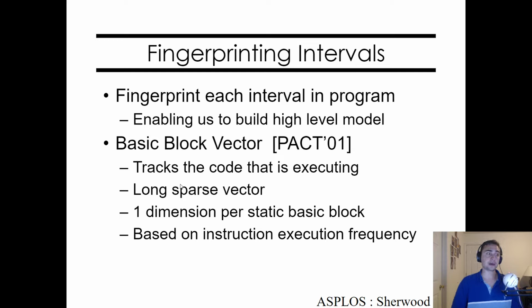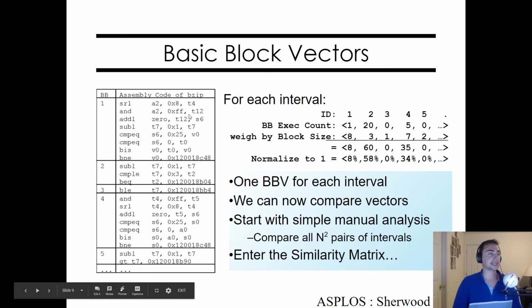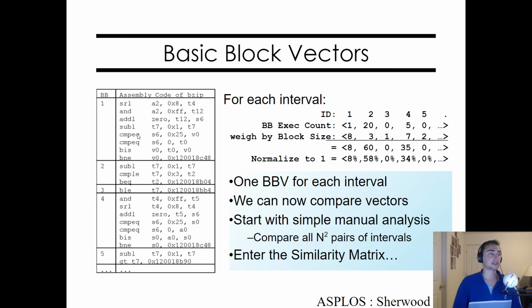This is talking about tracking what code is being executed, and look at this long sparse vector. It's one dimension per static basic block, based on the instruction execution frequency. The idea is you've got these different basic blocks that execute different numbers of instructions, and what they care about is what basic blocks are being executed when.